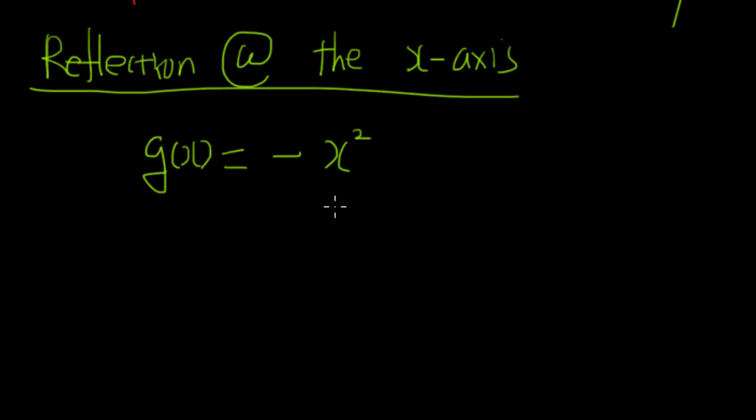Now this is different from taking the minus on the x only. We are taking the whole thing, the entire function, which is the original function f of x, and then we take minus. Then let's say f of x was x squared, then it's going to reflect the original graph about the x-axis.